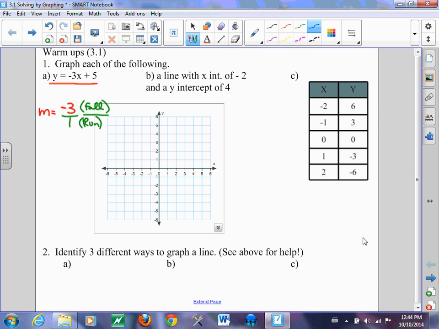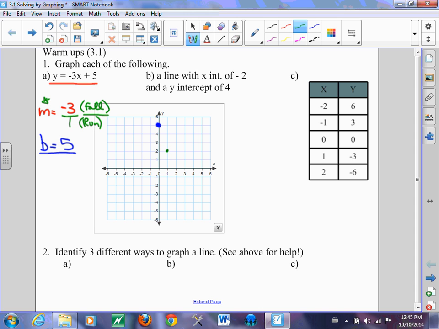And the second part of the equation that's important is the b equals 5. That's your y-intercept. And that's where we're actually going to start. So let's start with that point. So on the y-intercept, draw a dot at 5. Because that's what the y-intercept is. And then from there, ladies and gentlemen, we're going to use the step pattern from our slope. So it tells us from the slope being negative 3 over 1, I'm going to go down 3, 1, 2, 3, over 1, draw a dot.